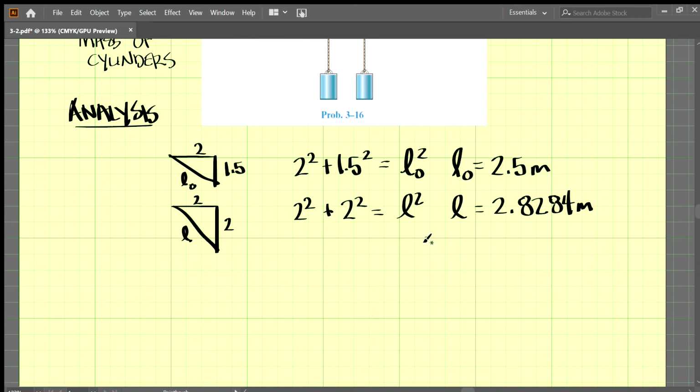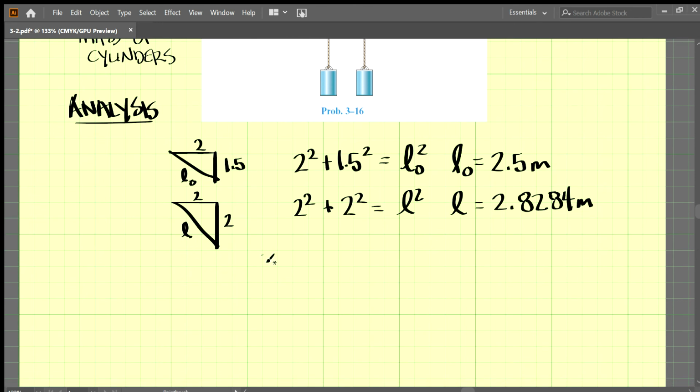Now we can figure out the total stretch of the spring. It is L minus the original length, and that comes out to be 0.3284 meters.